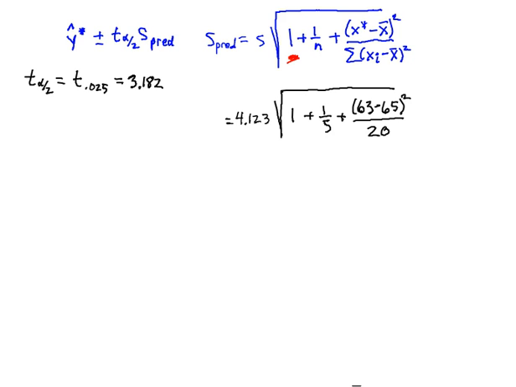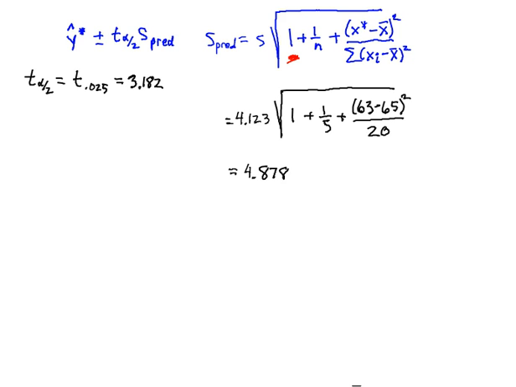And then calculating that on my calculator, I end up with 4.878. My t-table value based on n minus 2, in this case 3 degrees of freedom, 0.025 in the upper tail, I get 3.182, the same as before.